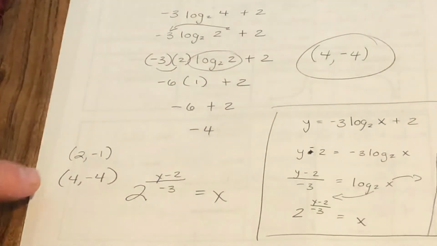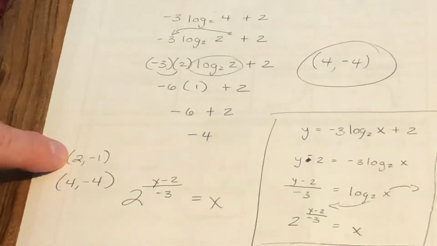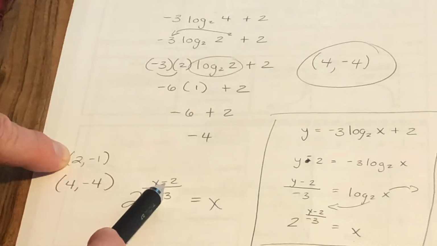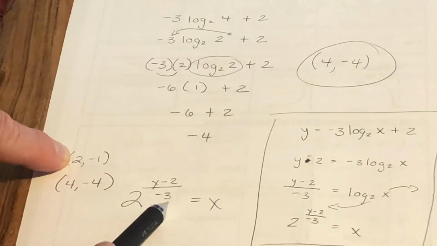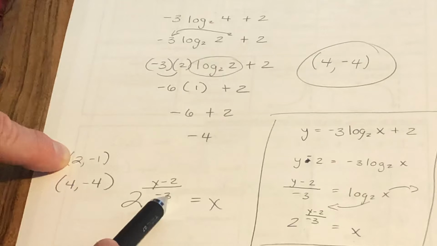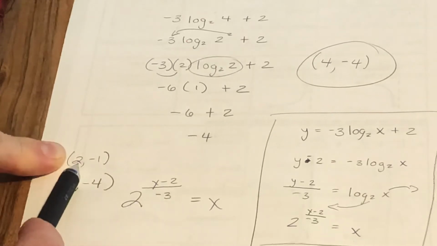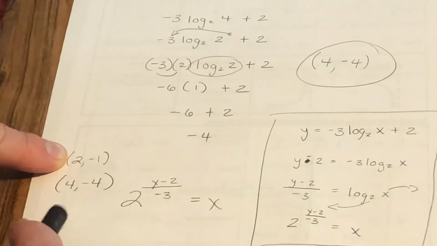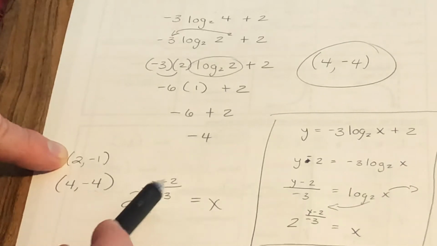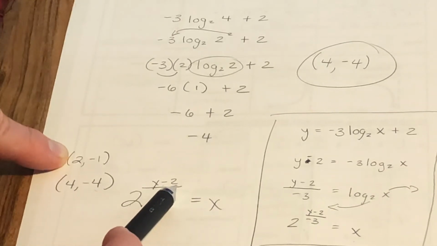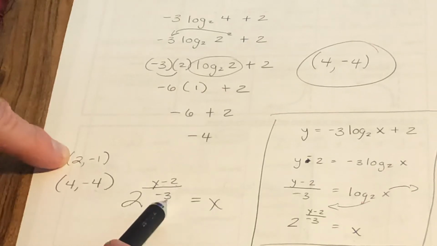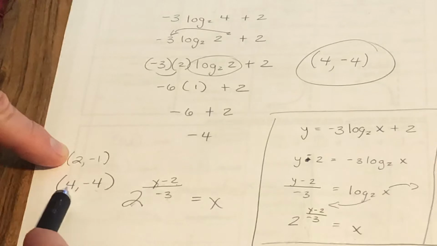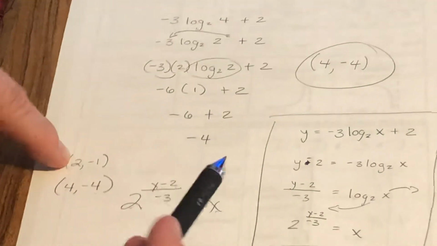So when I plug in negative 1, this is my y, I'd have negative 1 minus 2, which is negative 3. Negative 3 over negative 3 is 1. So 2 raised to the 1 is 2. So that's why I got 2, negative 1. Negative 4 minus 2 is negative 6, over negative 3 is 2. So 2 raised to the 2 would be 4.